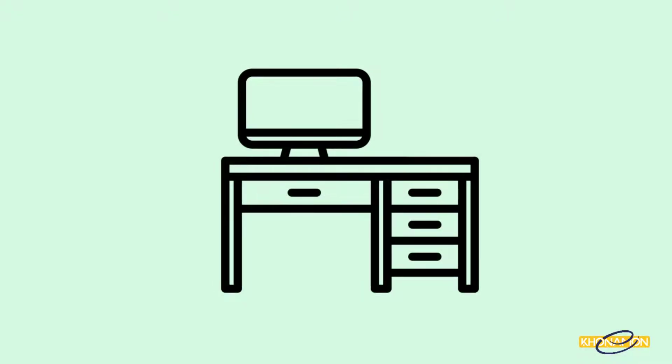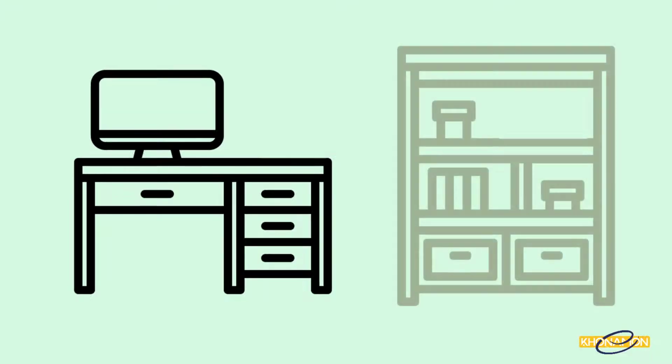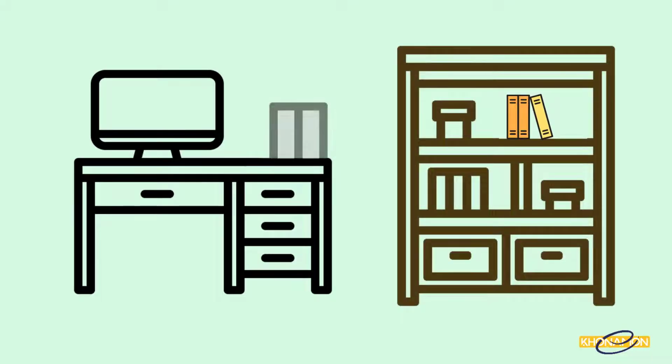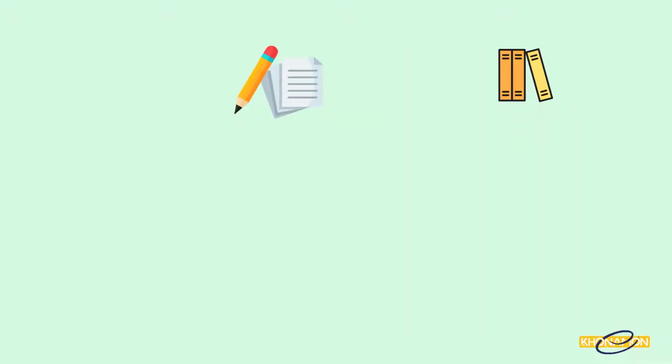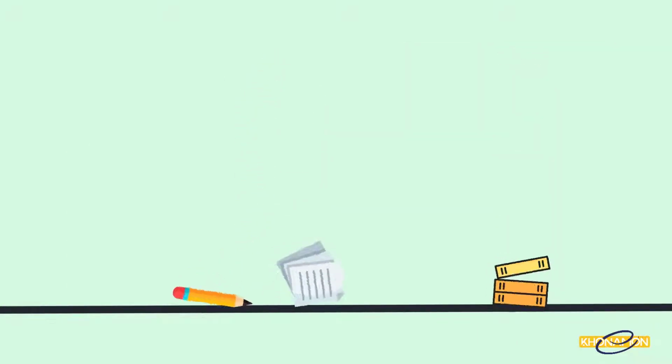In other words, imagine your working desk. You have a closet for your books, a place for your papers, a pencil holder on your desk. Imagine if you don't have any of these: everywhere is messy and a big chaos.